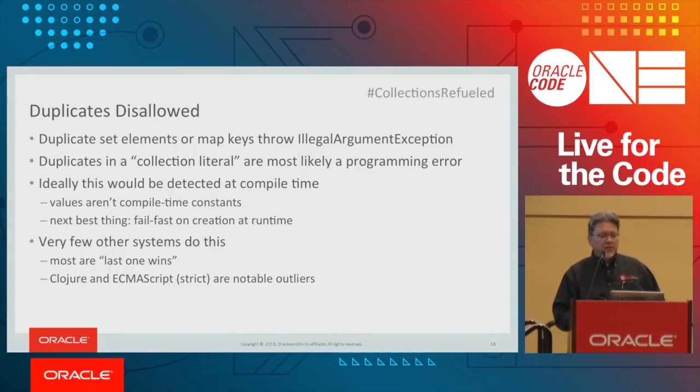So if you're writing out a set of constants for something that is supposed to be unique, such as set elements or map keys, if you have duplicates of those, that is probably a programming error. If you look at other systems, there is often some policy like last one wins. Although there are a few notable exceptions, like Clojure has a mode, and ECMAScript in strict mode has a mode where if there are duplicates added, then it will raise some kind of error.